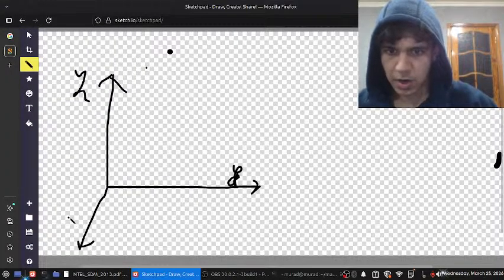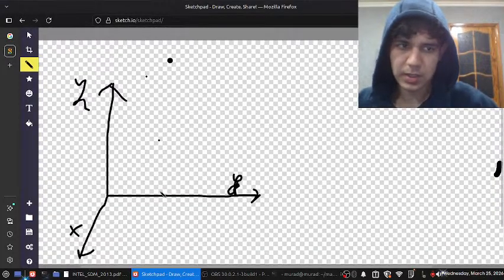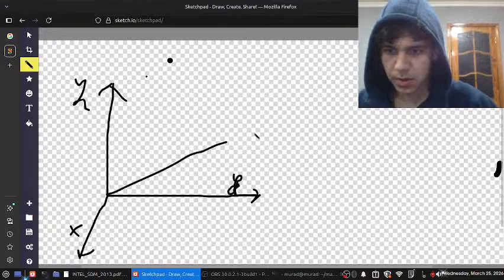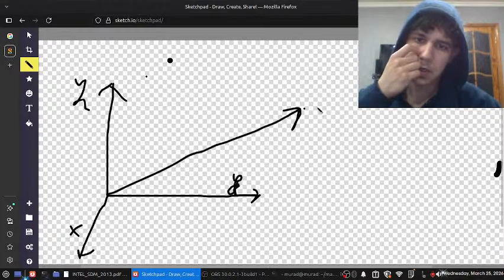Here we have height, length, and depth. The vector here has a starting point and a terminal point. The starting point, let's say, is P, and the terminal point is Q.